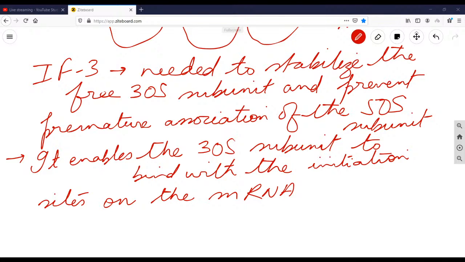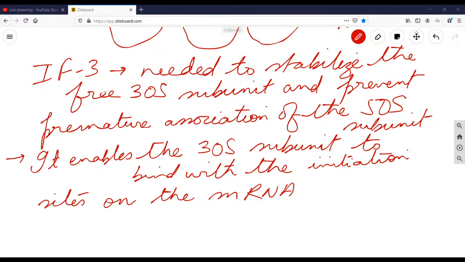RNA polymerase 3 codes for the production of transfer RNA in eukaryotes. In prokaryotes, only one RNA polymerase is there, so it codes for transfer RNA. Transfer RNA and ribosomal RNA are non-coding RNAs. They do not code for any proteins.